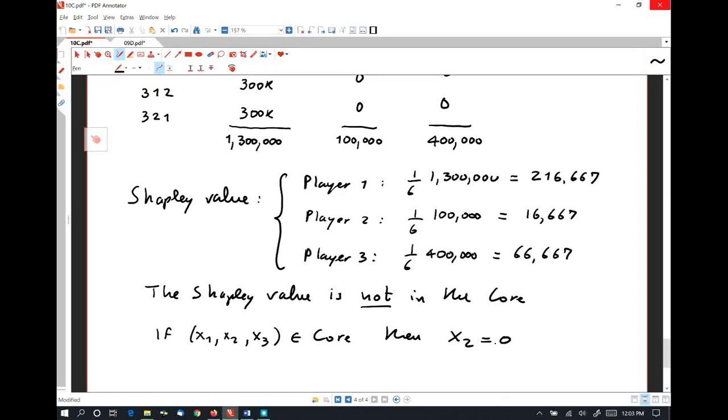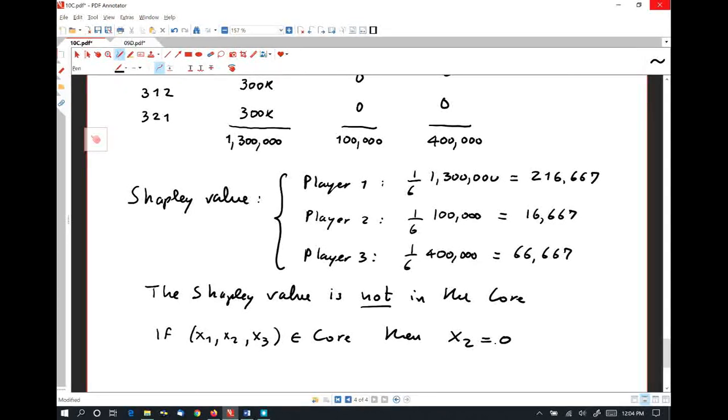So individual 2 is the industrialist, and at any imputation in the core, the industrialist gets nothing. And we observed that that was not really a fair arrangement, because the industrialist is useful in this game. It's useful for player 1, the landowner, because he's able to extract a lot of money from a deal with a real estate agent, precisely because he has this credible threat of going to the industrialist and making a deal with him.